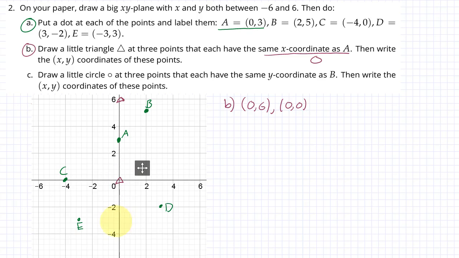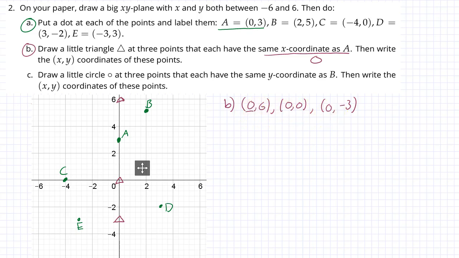Or maybe this one down here at 0, -3. Okay, so that's B, those all have the same x coordinate of 0 at all those points.